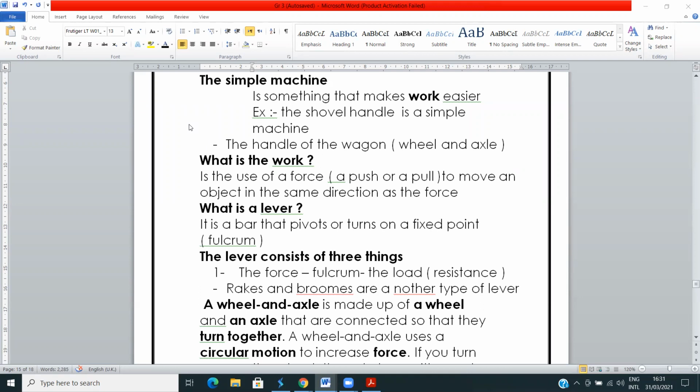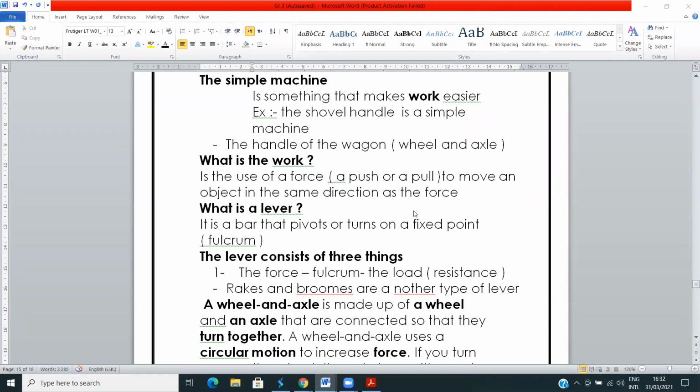Where is Engineer Muhammad? Yes, Muhammad Amir. What is the lever, Muhammad? A lever is a bar that pivots or turns on a fixed point, like a fulcrum.